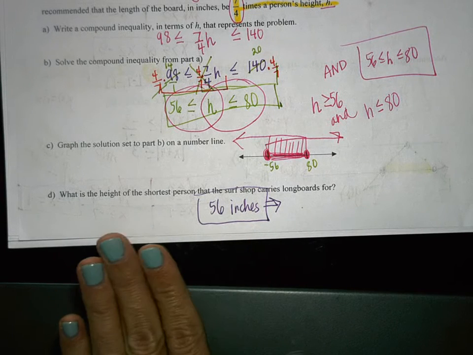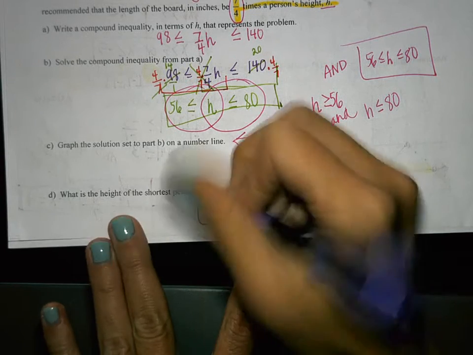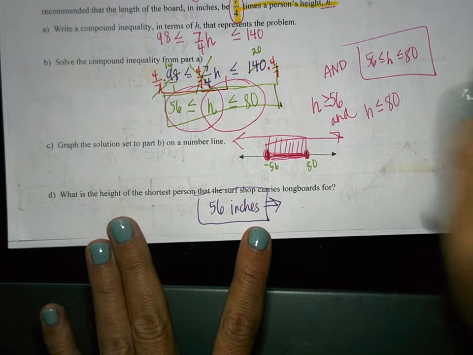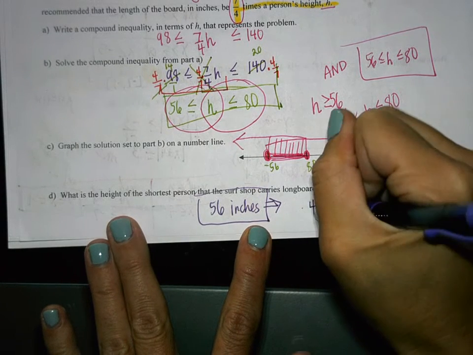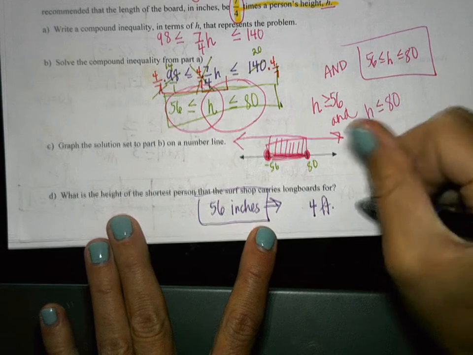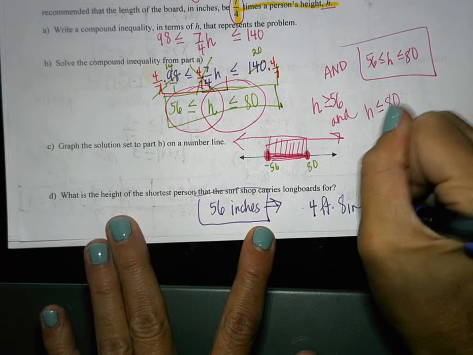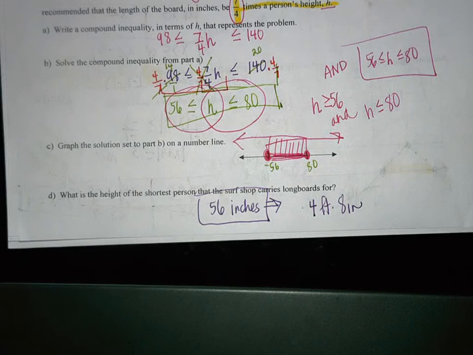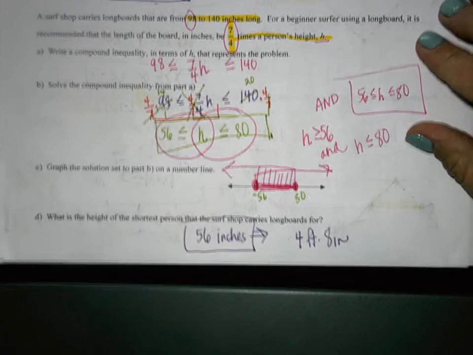There are 12 inches in a foot. If you divide 12 into 56, it goes in 4 times. So that's 4 feet, and then there are 8 inches left over. So 4'8" would be the smallest person that this surf shop carries a board for.